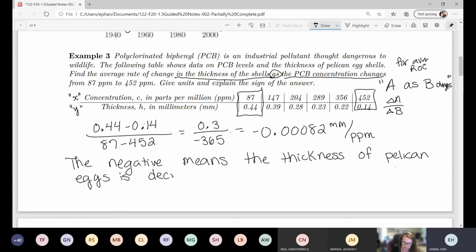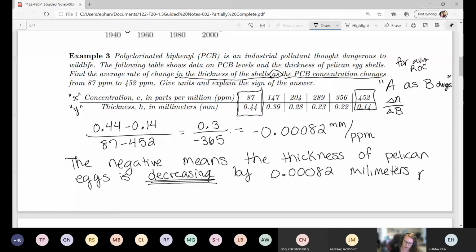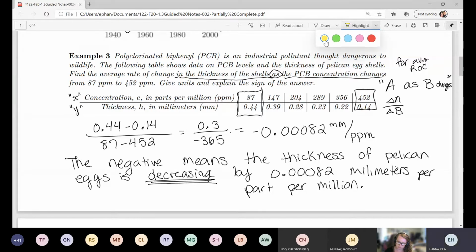That's going to tell us that it's decreasing by that value of 0.00082 millimeters per part per million. Essentially what I wrote here, I can highlight or not. Never mind, I can't highlight.